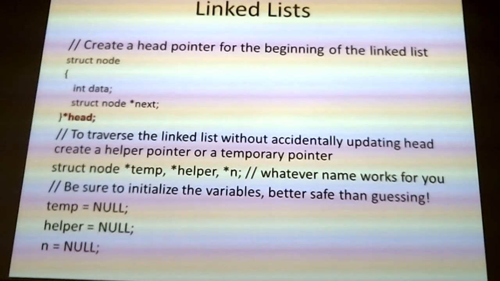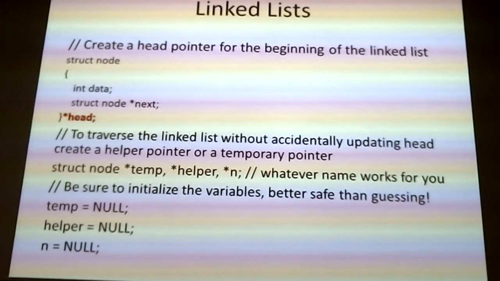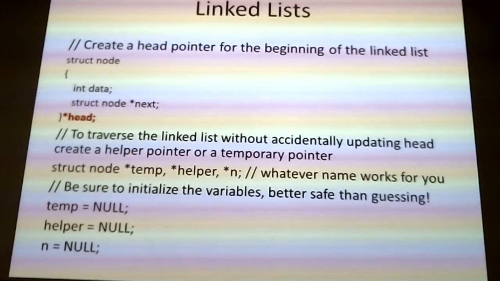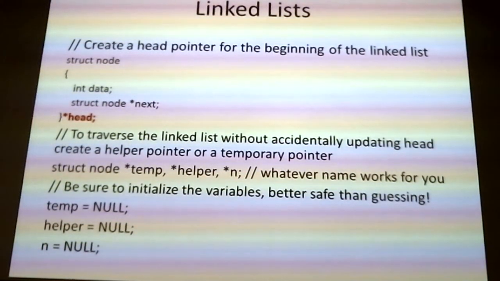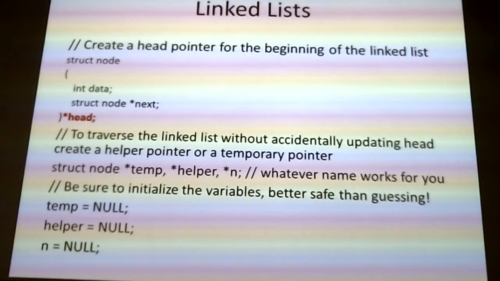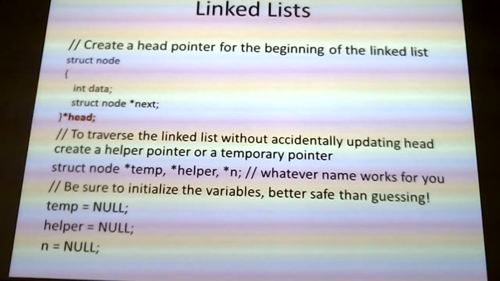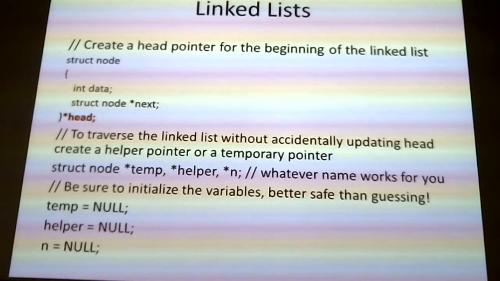So, again, here in our code, when we actually create our struct, I actually create the head of my linked list right there. So it's already created, and it exists globally. You guys remember global versus local? Okay?